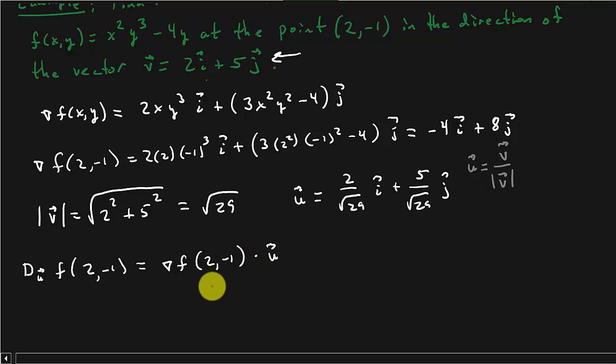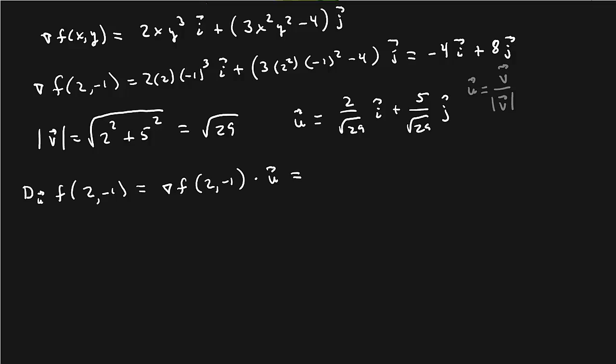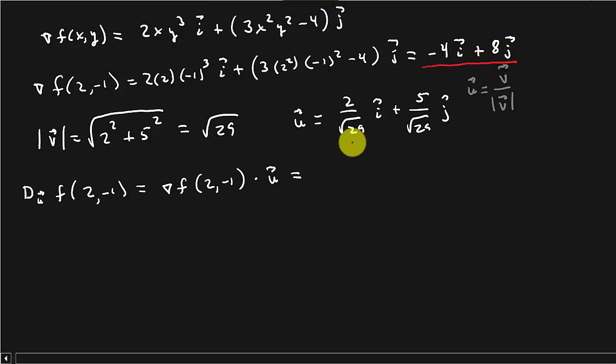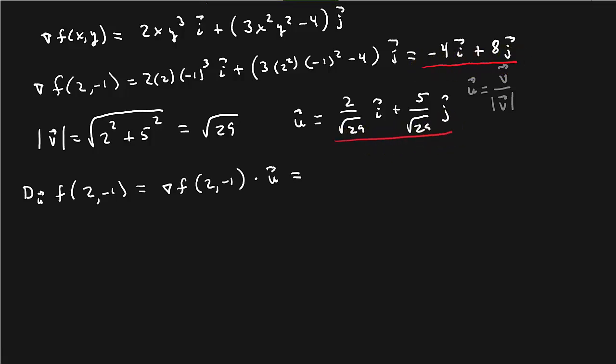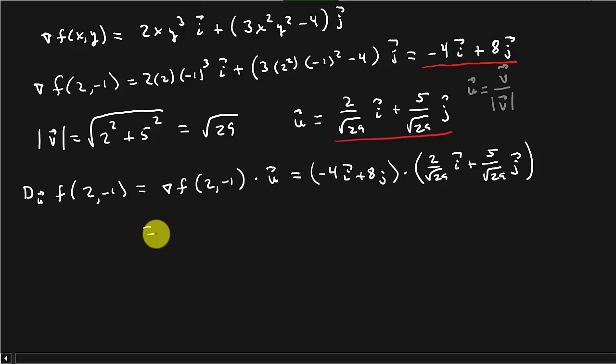It's the dot product of this vector and this vector. So that's going to be -4i plus 8j dot 2 over square root of 29 i plus 5 over square root of 29 j. It's that dot product.